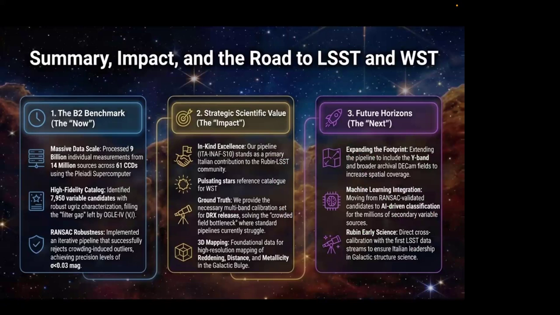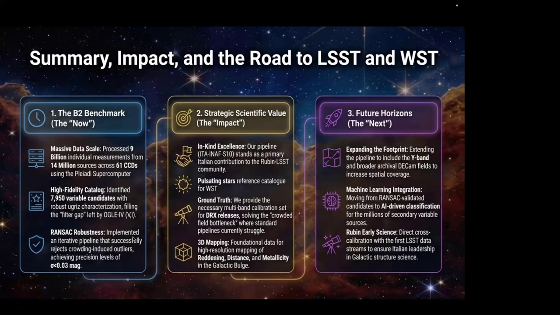All in all, what we did: we processed 9 billion individual measurements from 14 million sources across 61 CCDs using PlayID. Then we identified around 8,000 variable candidates in the ugriz bands, and we also filled the gap with OGLE-IV.